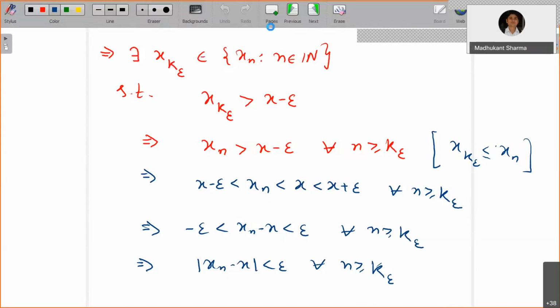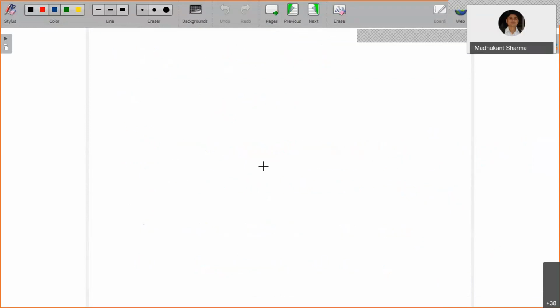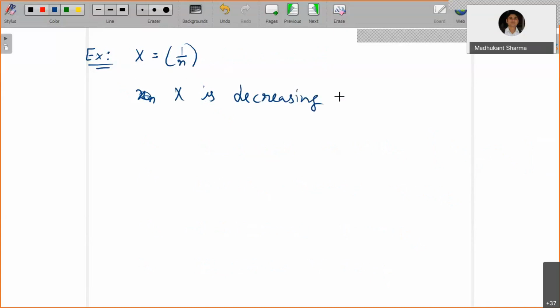If I recall one example, you had the sequence x equal to 1 by n. Not this sequence, we are going to use this. Not a problem. Now note that xn is decreasing and bounded.